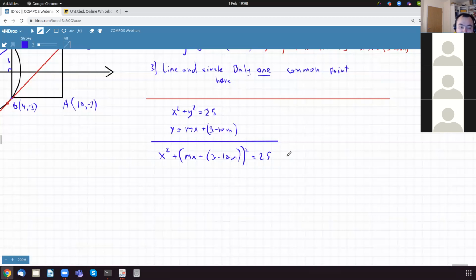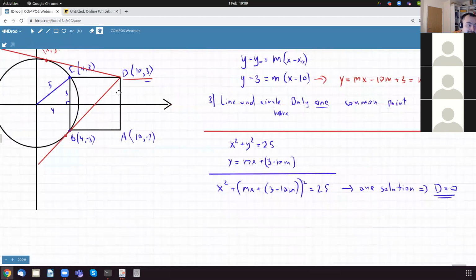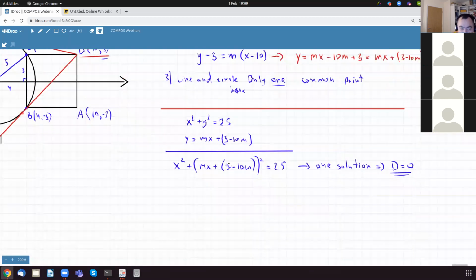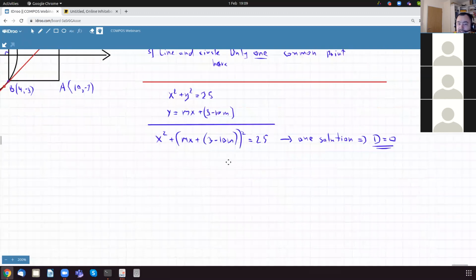This equation has one solution. Hence, the discriminant is going to be equal to 0. And I'm using that because this is a tangent line, this equation has to have only one solution. Does that make sense?